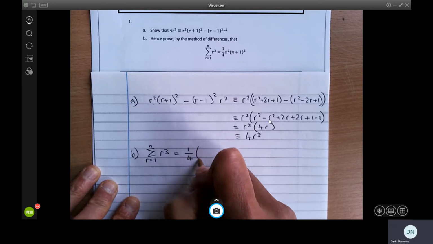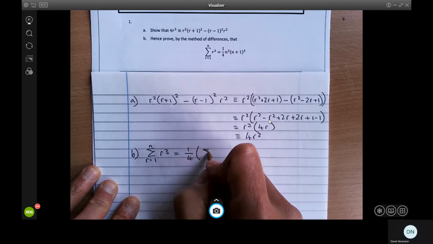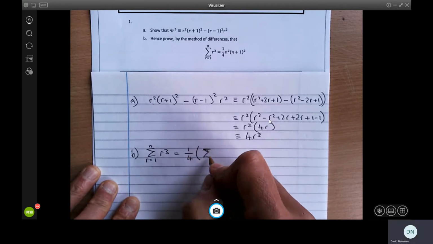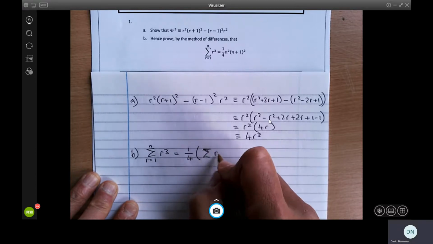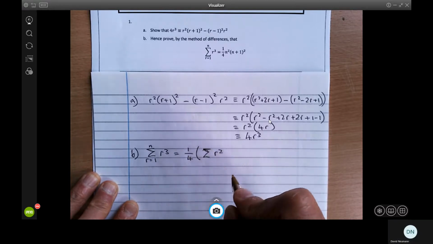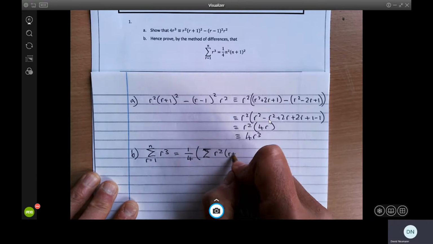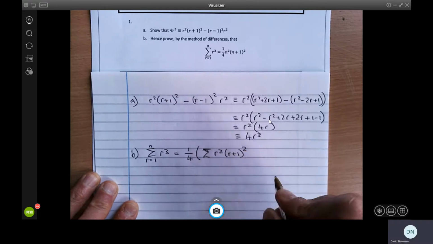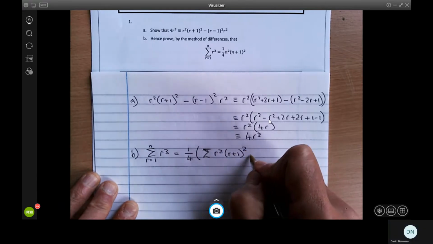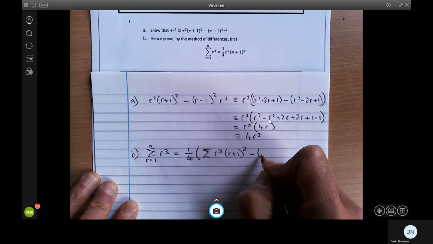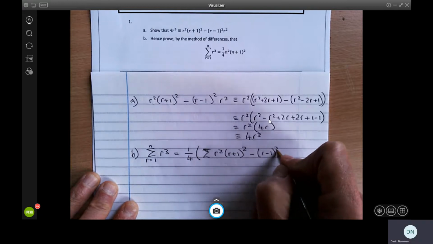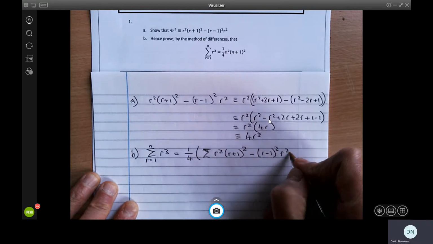this. So this is the sum of r squared times r plus 1 squared minus r minus 1 squared times r squared.